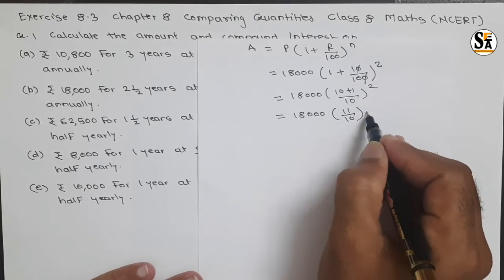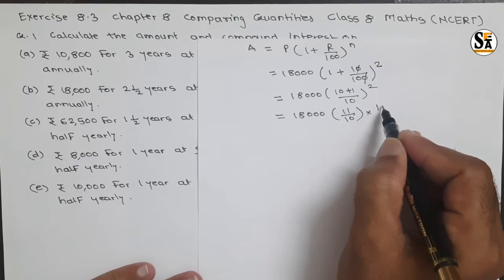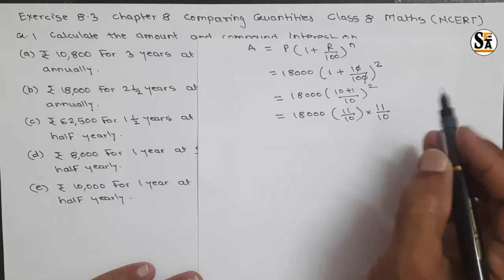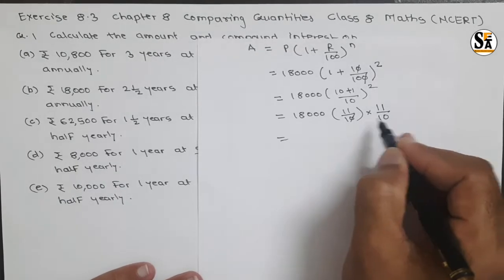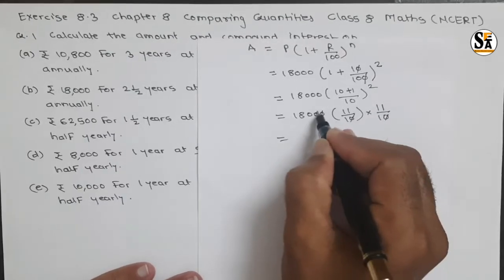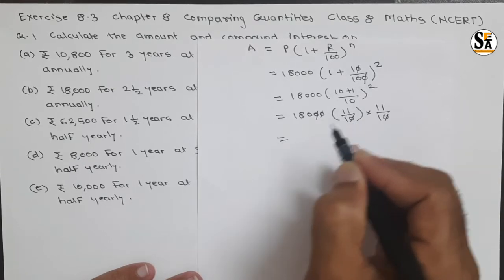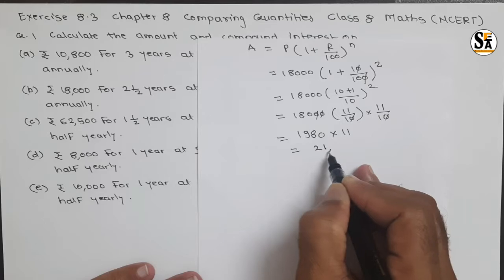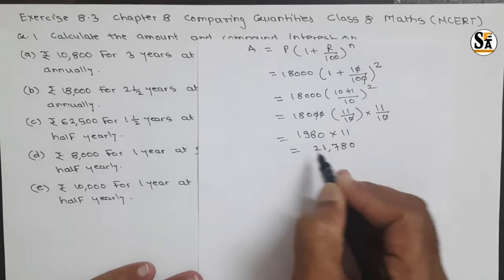There is square, so we will write one more 11 by 10. If we solve this, the zeros will get cancelled, and take multiplication, we get 21,780 rupees.